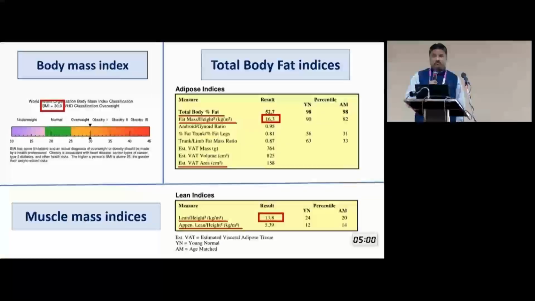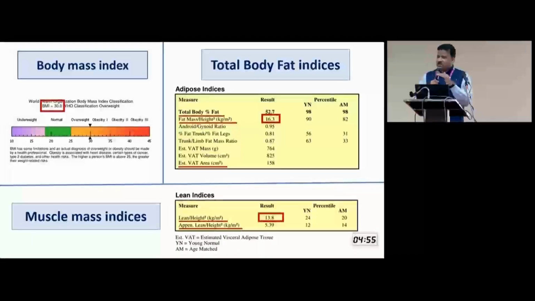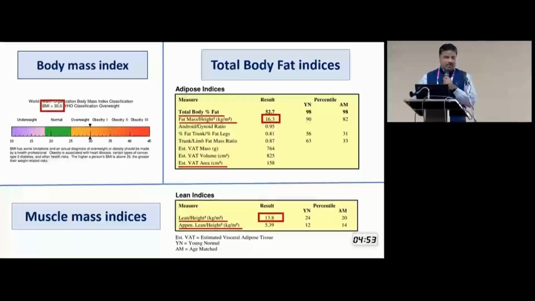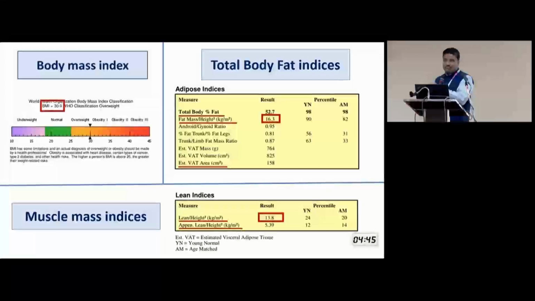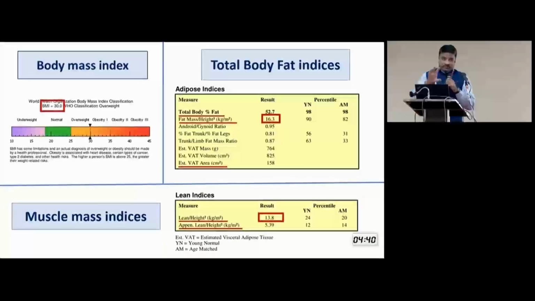Now this is very helpful when you're reviewing papers or looking at data. If the mean fat by height square in a manuscript and the mean lean by height square is not adding up to the mean BMI, I know the data is not correct. Right? So this is an indirect way of assessing whether your report is okay or not.